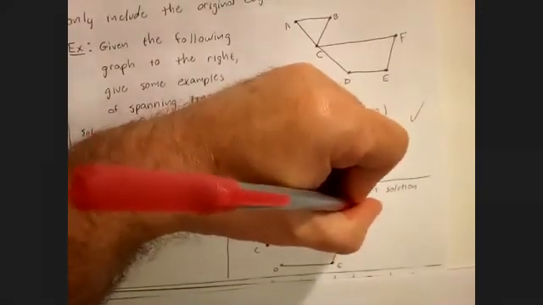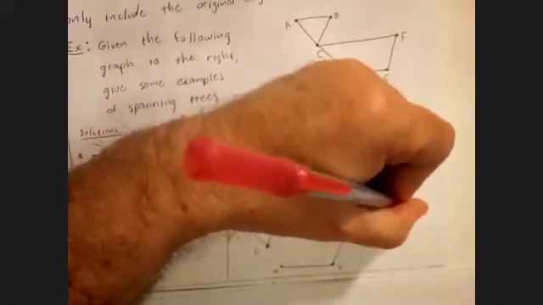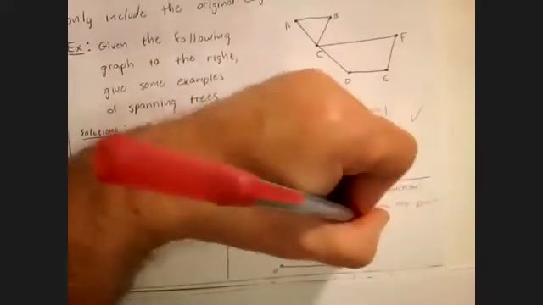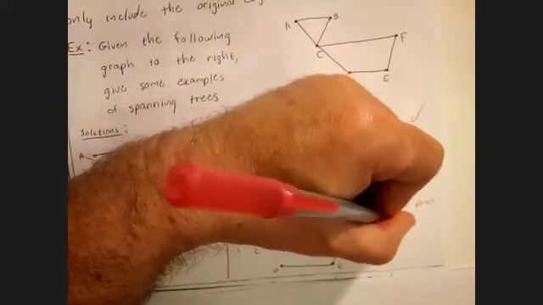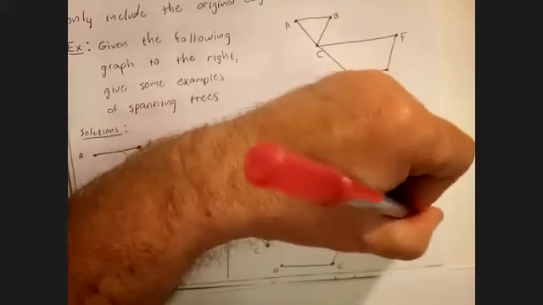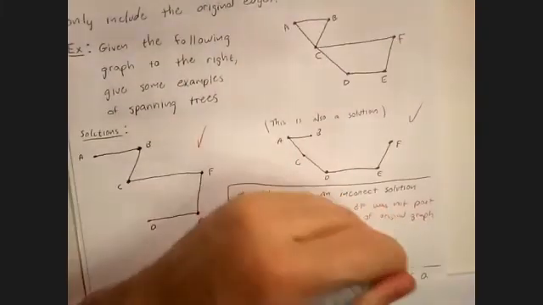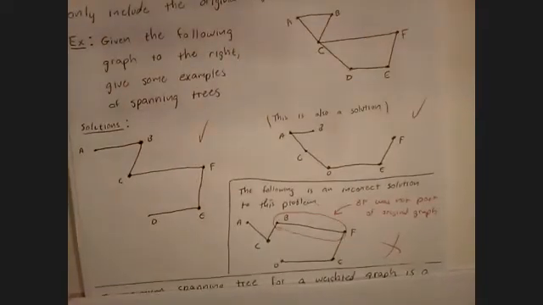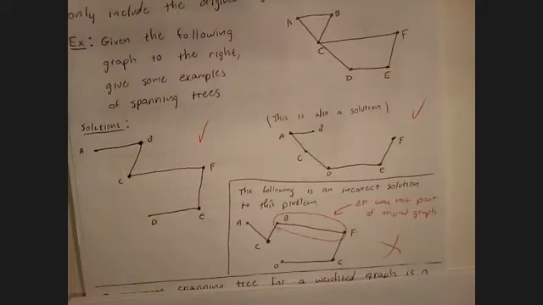BF was not part of the original graph. So you're going to get this one marked off. But that's all there is to it. It's pretty straightforward. You just have to know the rules going in.